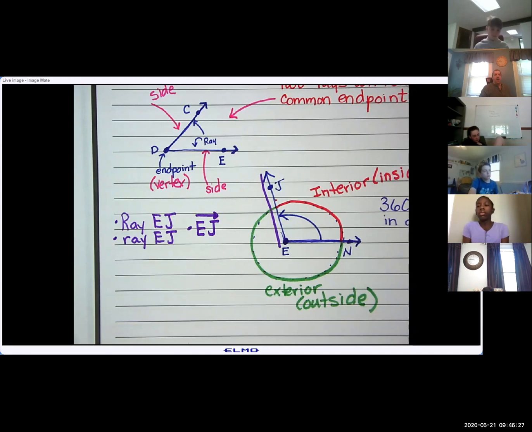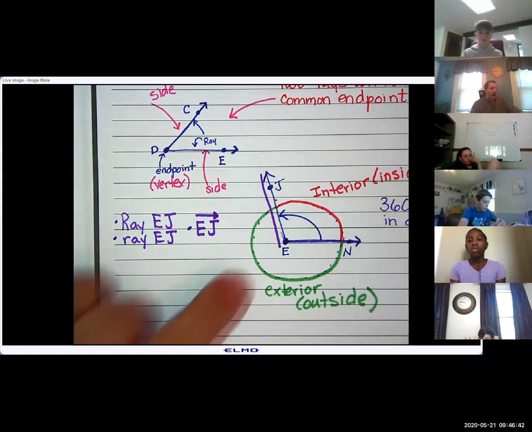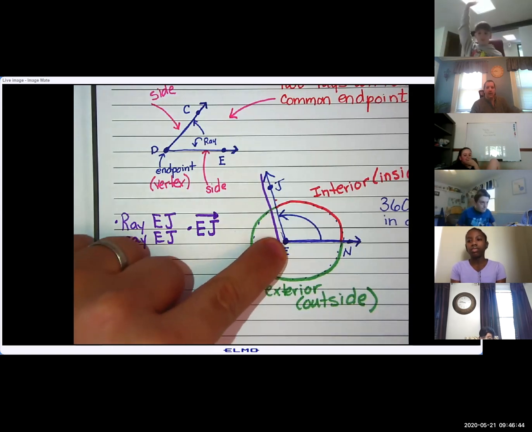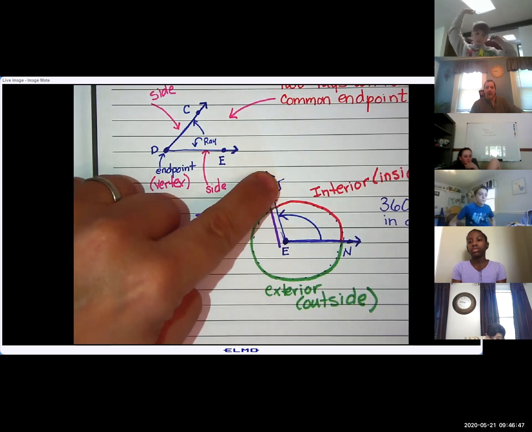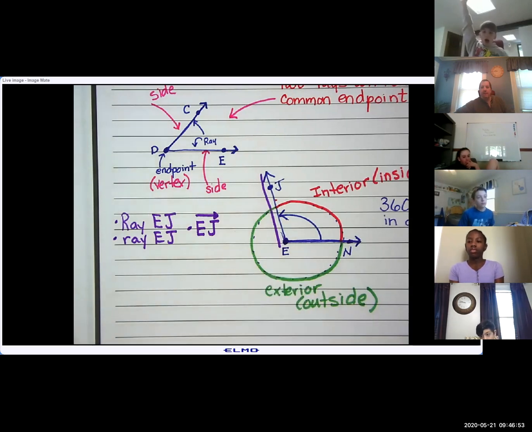Is there another ray that makes up that angle? What is the name of the other ray that makes up that angle? I have ray EJ. What about this one? Abby? Ray EN?